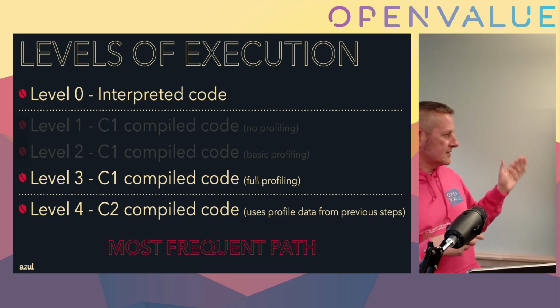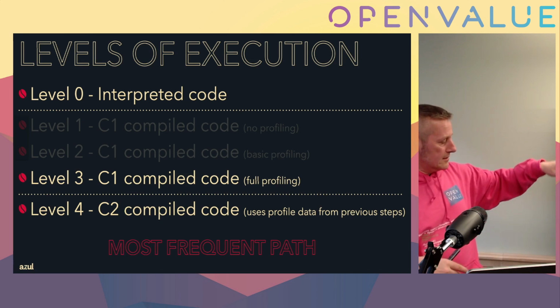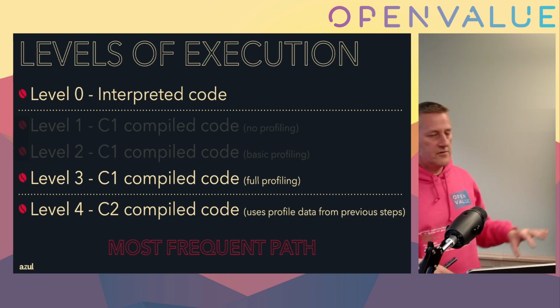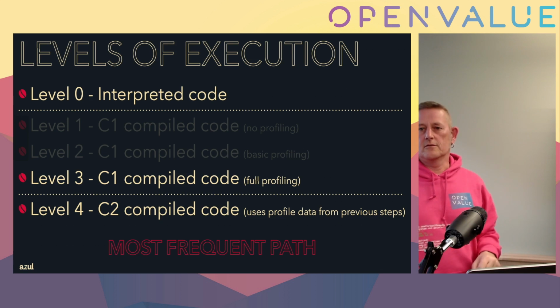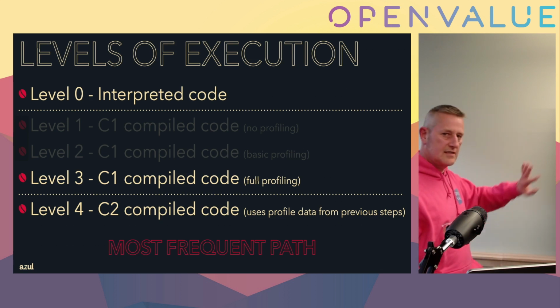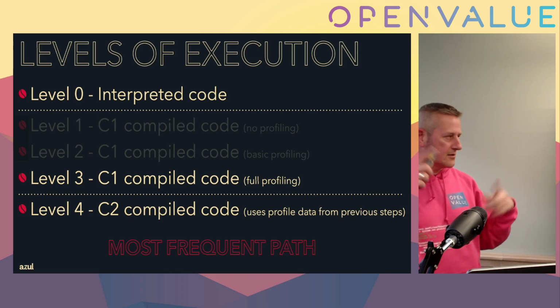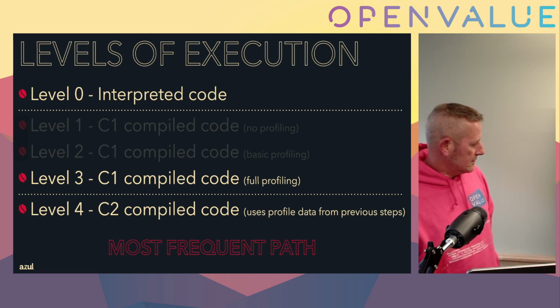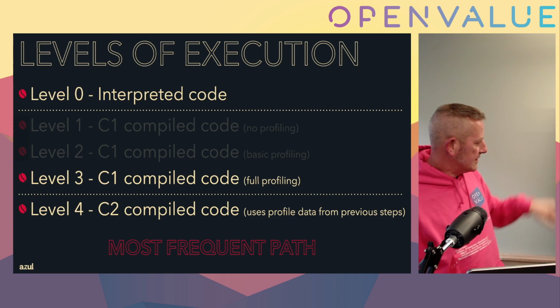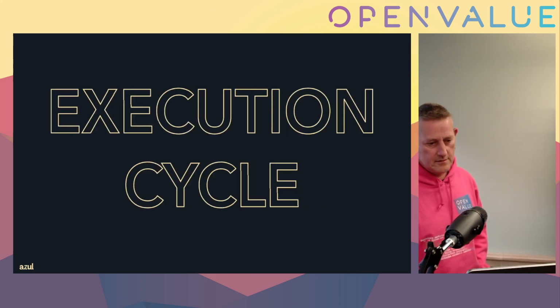There's also code that gets interpreted, and then the JVM figures out it's not worth compiling the code, and it goes back to interpretation. So it starts compiling and then goes back. There are lots of different changes between these levels, and this is just the standard.